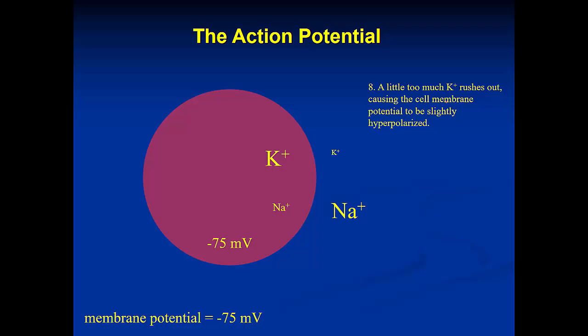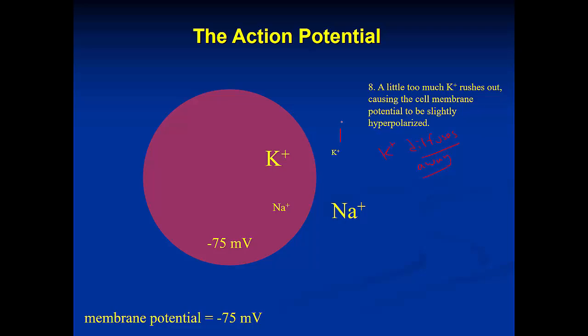What actually ends up happening then is that in this extracellular fluid, the excess K is going to diffuse away. So when it diffuses away, now it's no longer separating charge across the membrane, right?